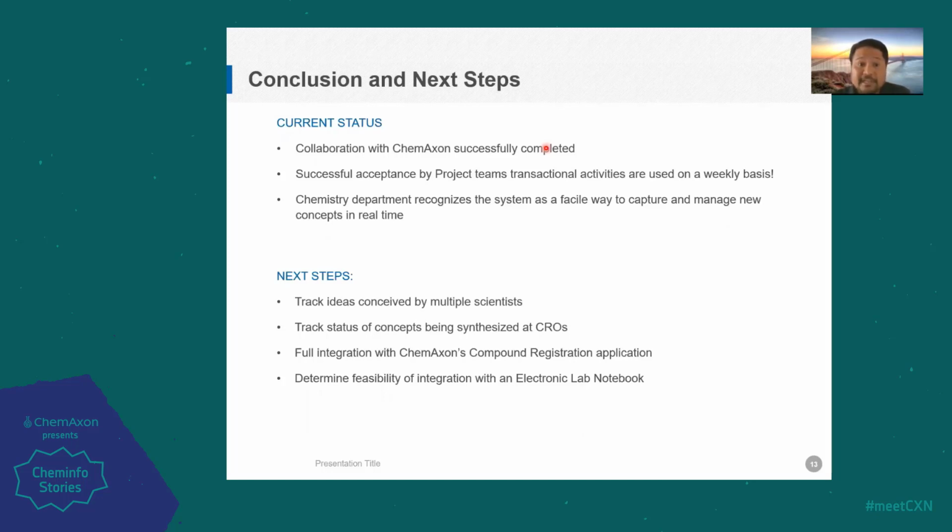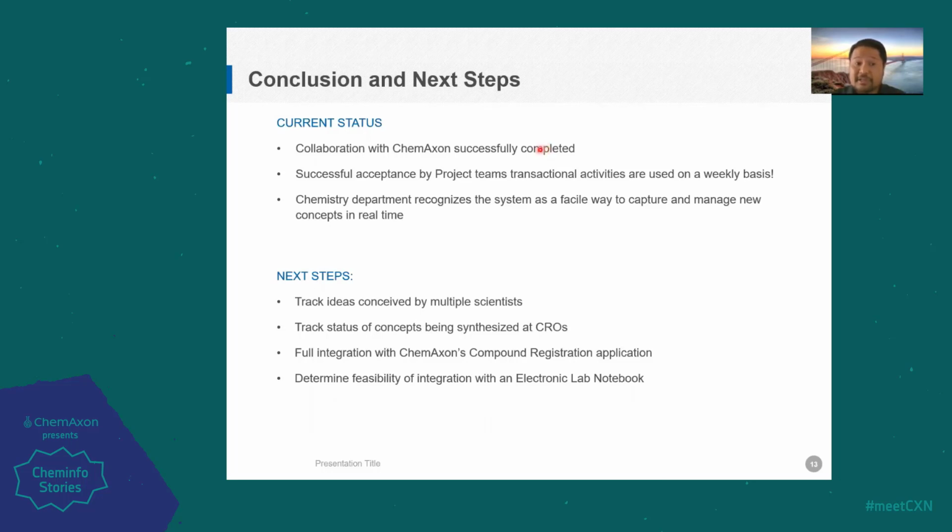So it's really getting pretty good traction. The chemistry department recognizes that the system is an easy way to capture and manage new concepts in real time. And with that, it not just saves the chemist time, but it saves the company time, and it makes the compound discovery process go a little bit faster.